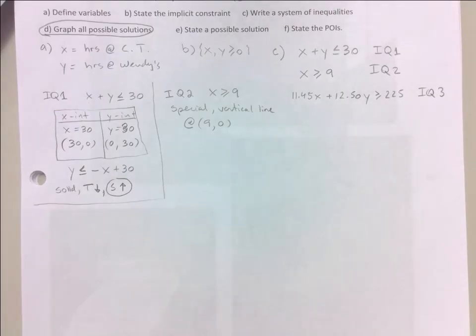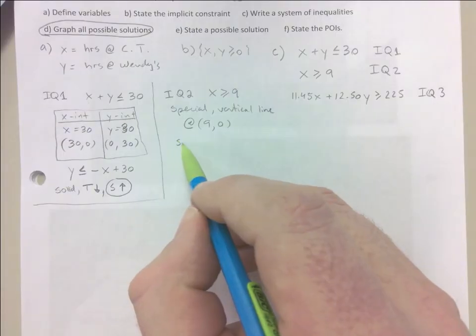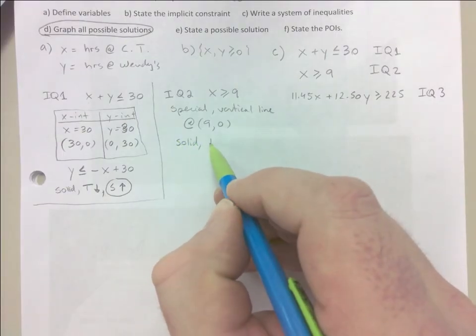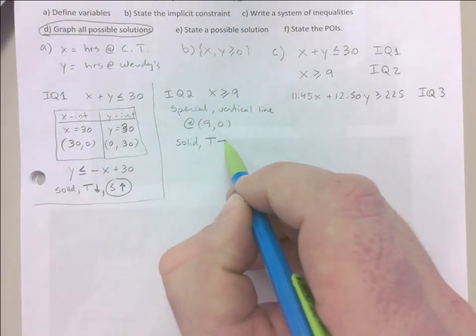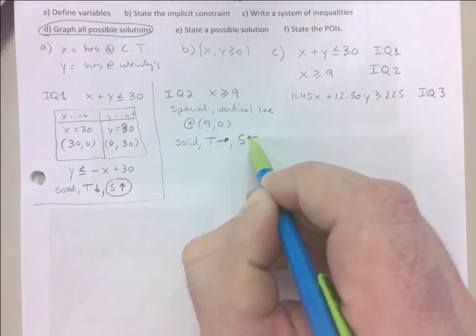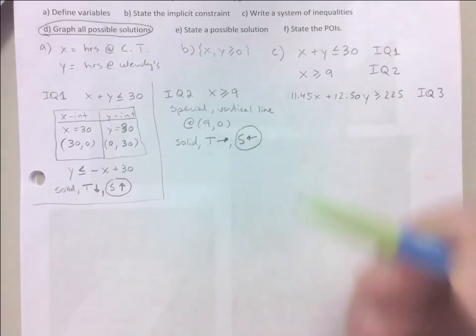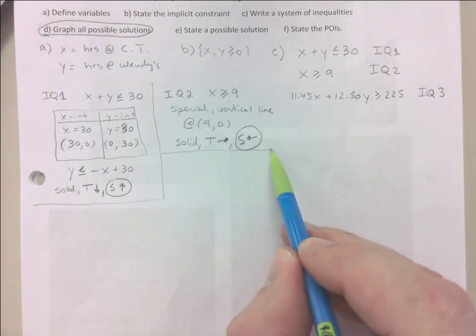So you don't need to rewrite, you don't need to clean it up. If that was the case, then you would do it. And so we know that this is solid. The true region, if it's X, is either right or left. True region is to the right. We will shade the exact opposite. This is where we're going to shade. We're going to shade left. Done. That is cleaned up.